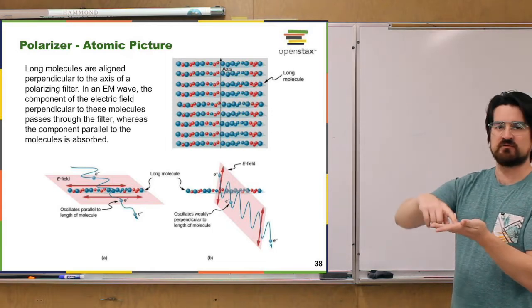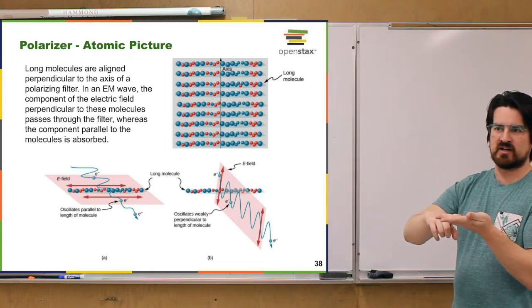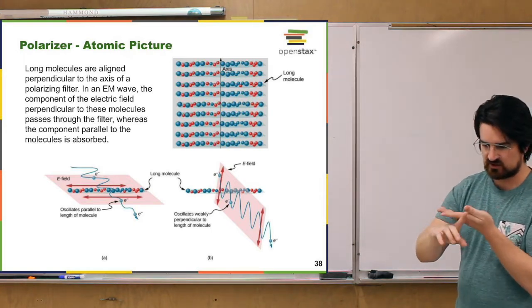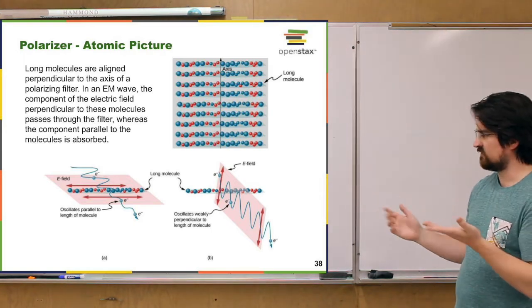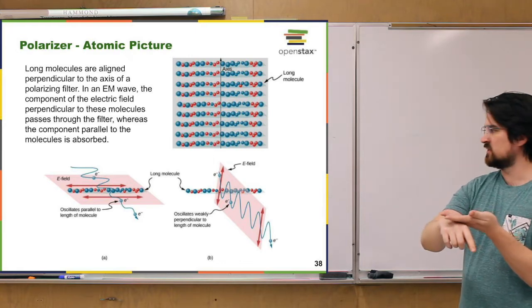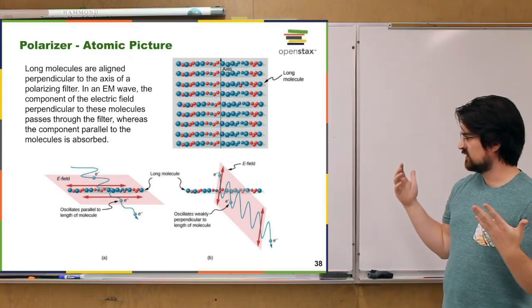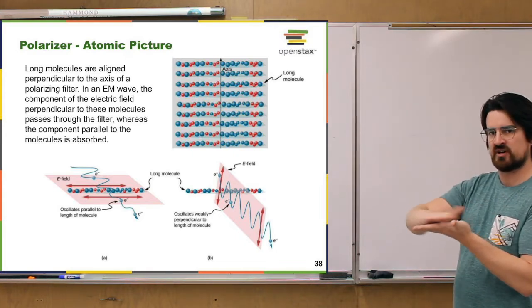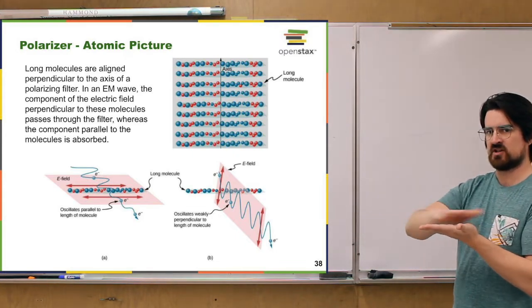So since the electric field can't actually even move them very much, there's not a lot of energy being given to those electrons. So the electric field that comes through ends up being fairly similar to the one that came in to begin with.